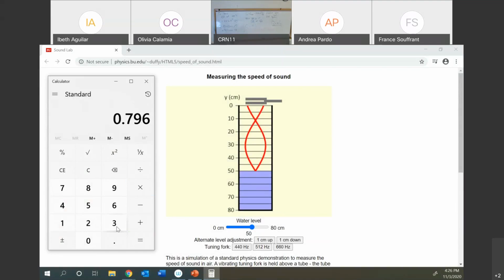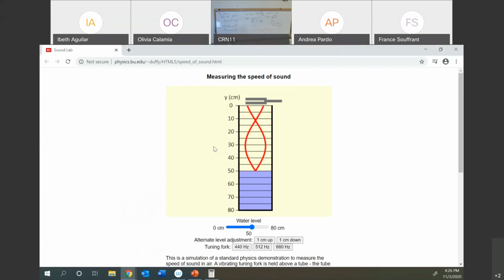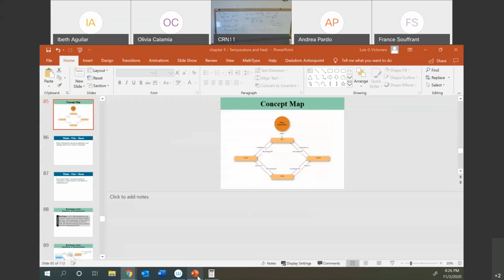Hertz is a unit for frequency, by the way. So you're going to learn, and sorry if we haven't done this yet, but in the later slides you will find that the velocity of a wave is equal to the wavelength that you are seeing there multiplied by the frequency. And look what I get. I get that value. The accepted value for the speed of sound is 344 meters per second. I believe it's also here in the lecture.